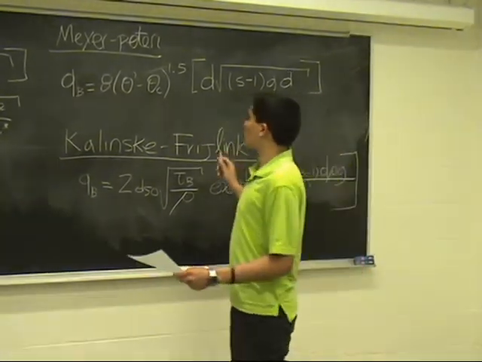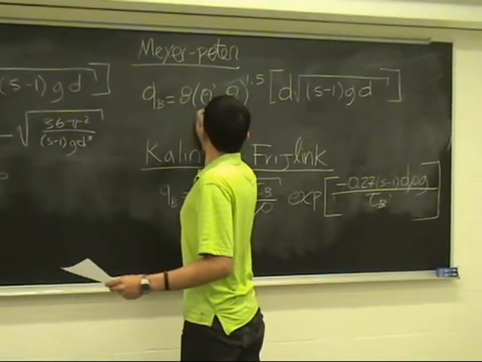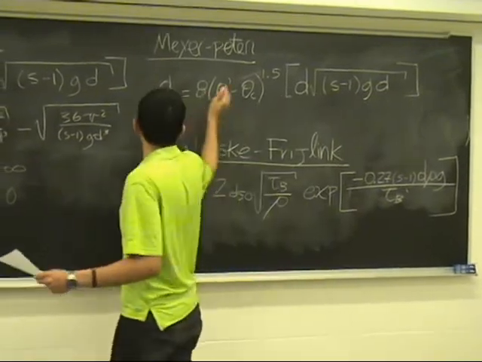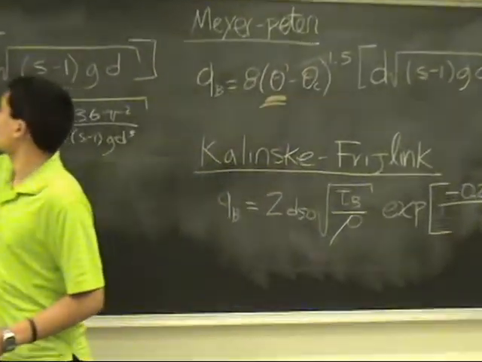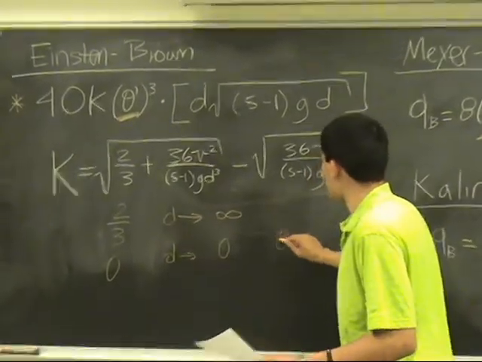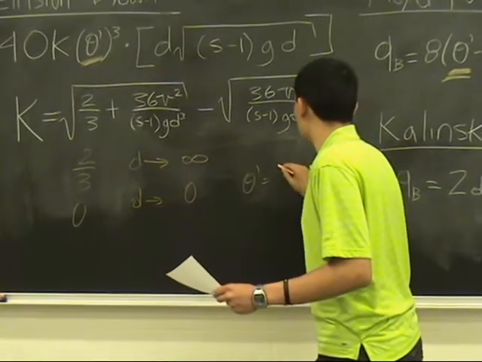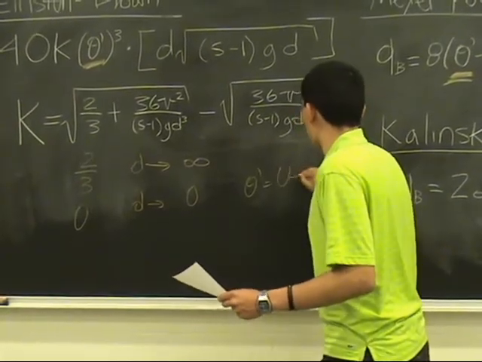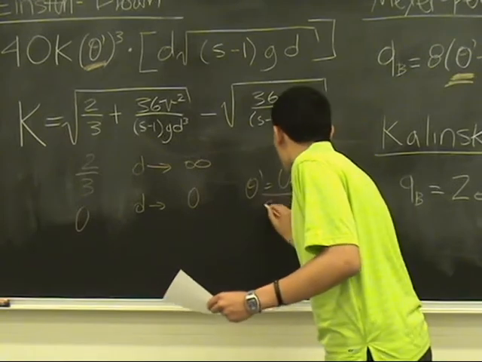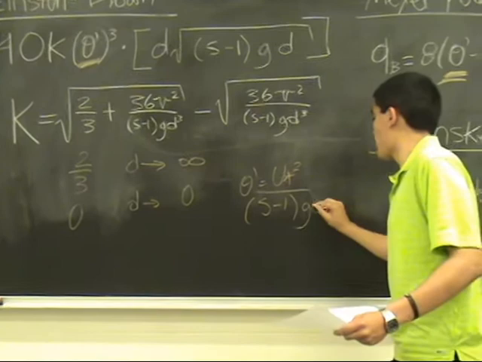So another important point to remember is this effective shear parameter that appears both in Meyer-Peter and Einstein. This effective Shields parameter, as you may recall, should be the friction velocity squared divided by (s minus 1) d g.